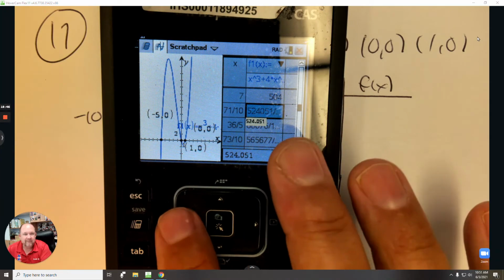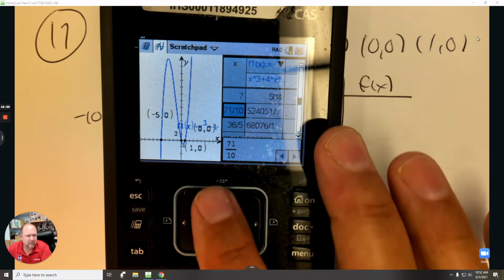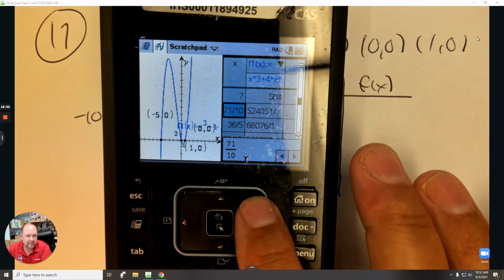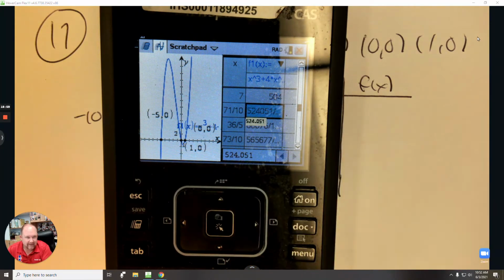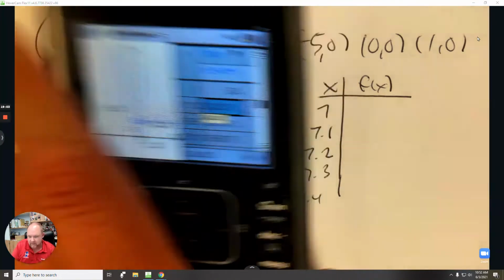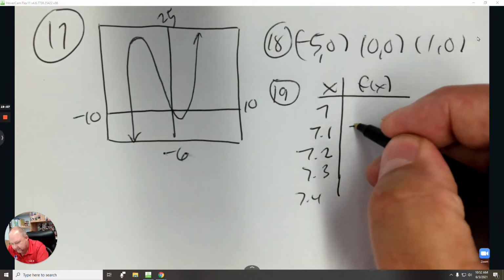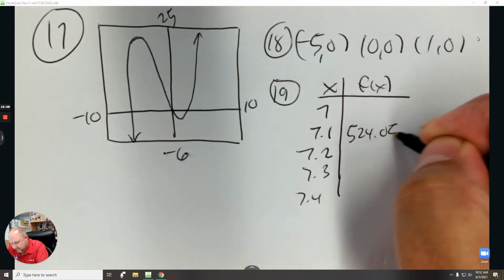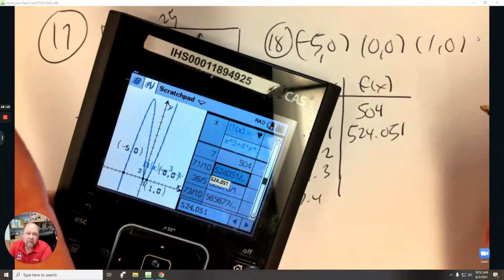For these ones, they wrote them as fractions. I'm not quite sure how to change that, but it doesn't bother me. That's 7.1, 7.2, and so on. If I look on the right, the decimal answer is right there. 524.051, oh, that's already given. At 7, the answer was 504.